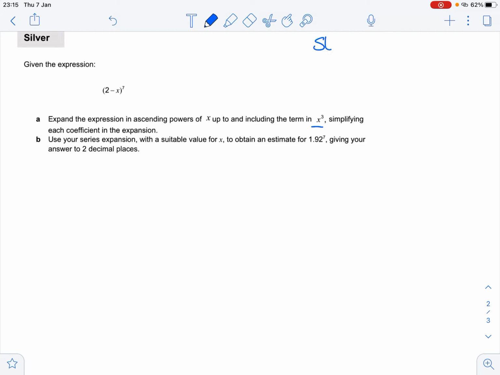So again, step 1 is write your binomial coefficient. So the power is 7.